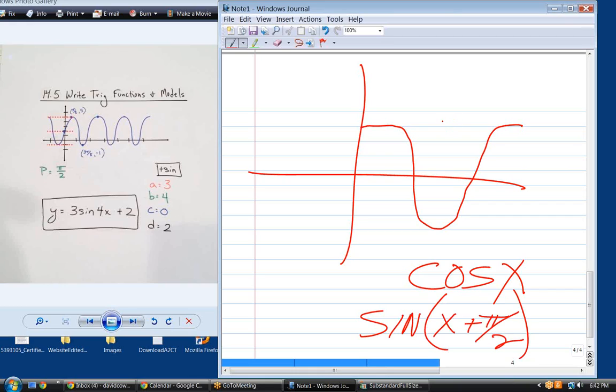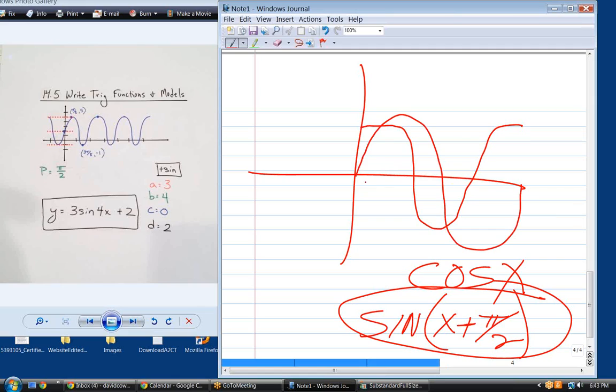In other words, if I take x minus pi over 2, because if I were to take this curve here and phase shift it to the right by pi over 2, it becomes the cosine curve. No, I was right in the first place. That's a plus. In other words, if I take my sine curve, which normally looks like that, and I move it to the left by pi over 2, well, this point here is going to start right there, and it's going to look exactly like the cosine curve.